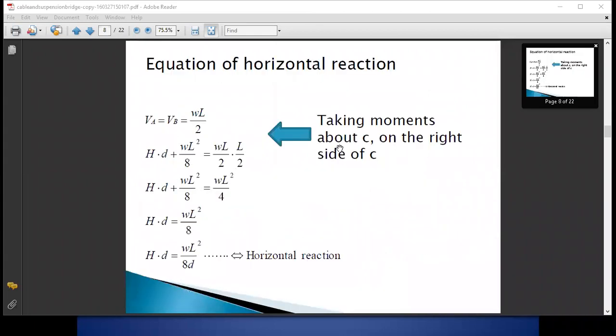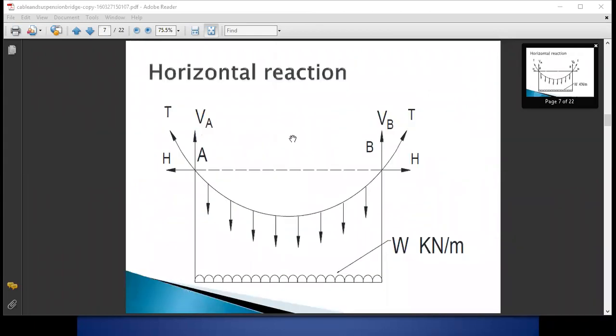Next, draw this diagram. Show the point C somewhere.